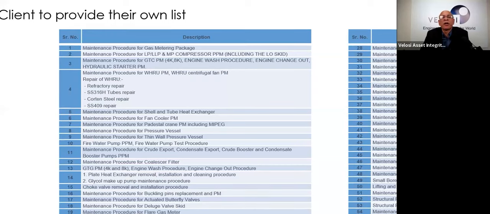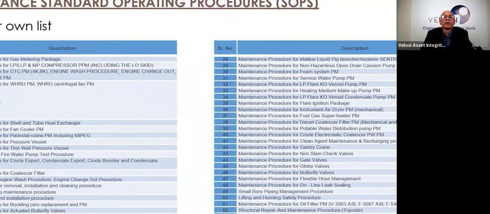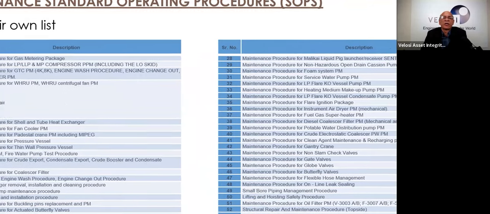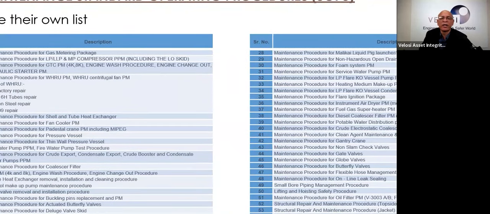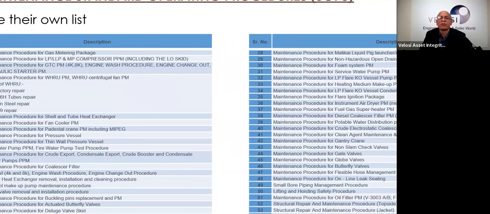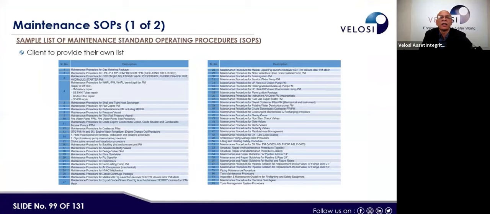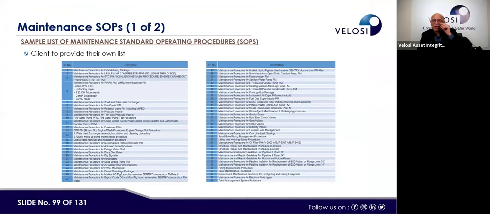So it may not be direct pipeline, but it could be a terminal where the compression stations are involved. And if there is a firefighting system, all those valves, which could be isolation valves and so on, we need to have some sort of maintenance guideline, which is also prepared. So everything is being documented as a part of the PIMS program.